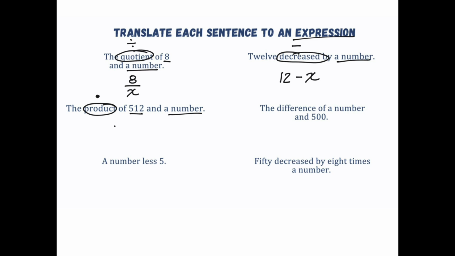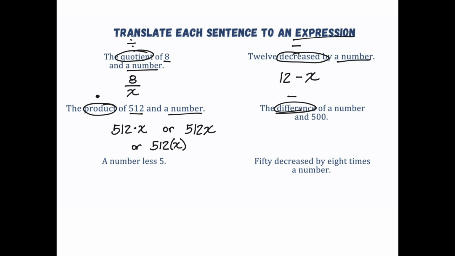We're not going to use the x anymore, but we could write 512 times x with the little dot. We could also write it as 512 times x without any symbols, because in algebra we know no symbols means we're multiplying. Or our last option is to write it with the parentheses. Any of those will be accepted, but we cannot use the x.